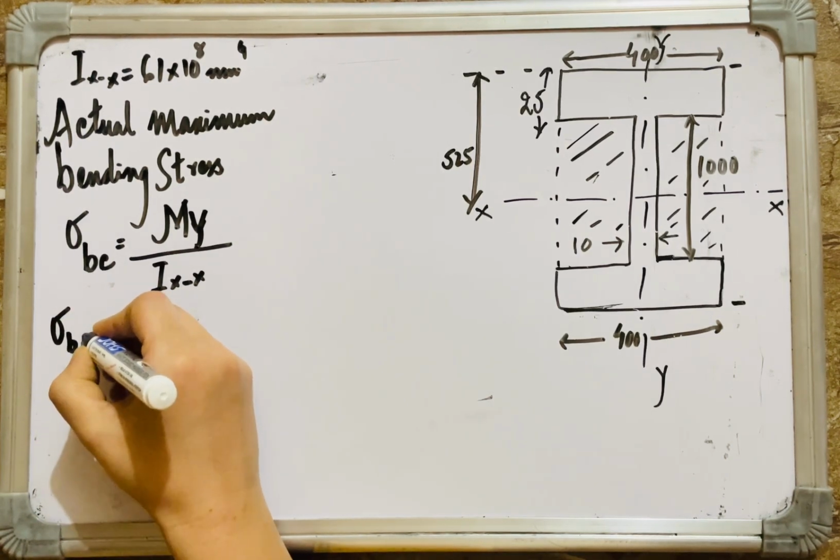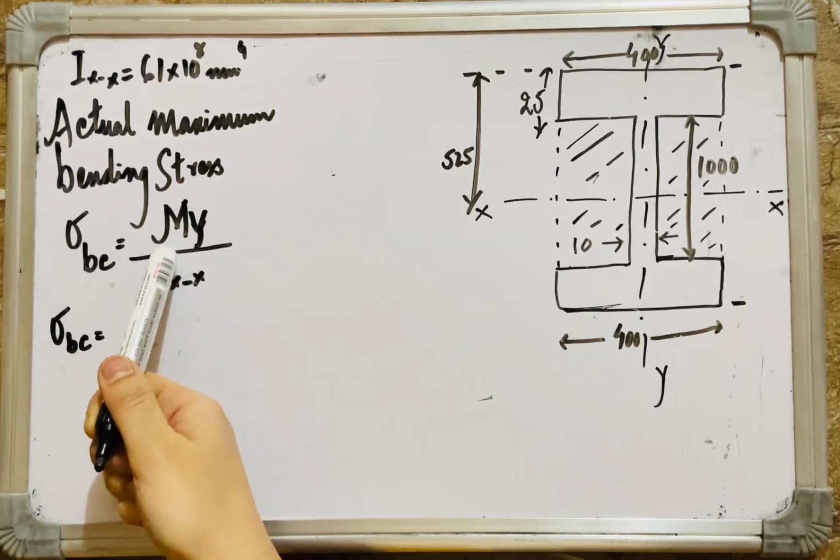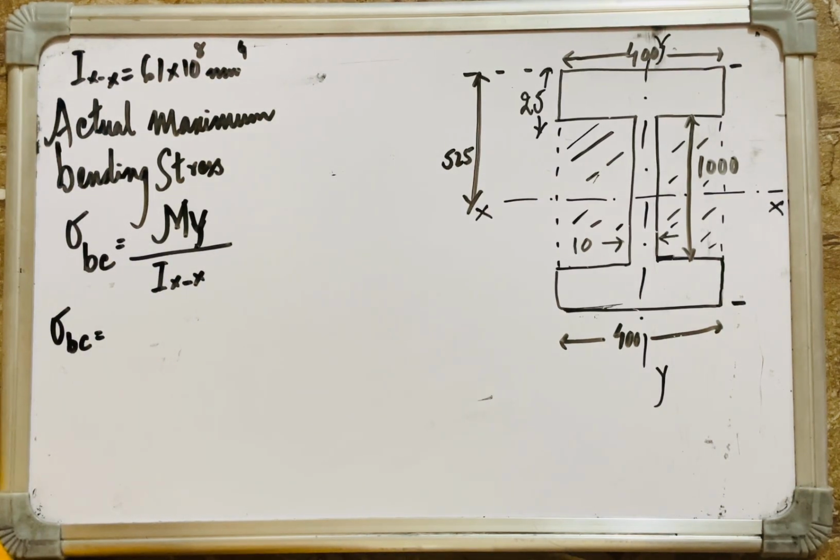Alright, now let's calculate the actual maximum bending stress first. Sigma BC is how much? Moment. These are my design moments. How much were these? When we calculated the design moments, the total design moment was how much? It was 1672 into 10 raised power. Our total design bending moment is 1672 kilonewton meter.